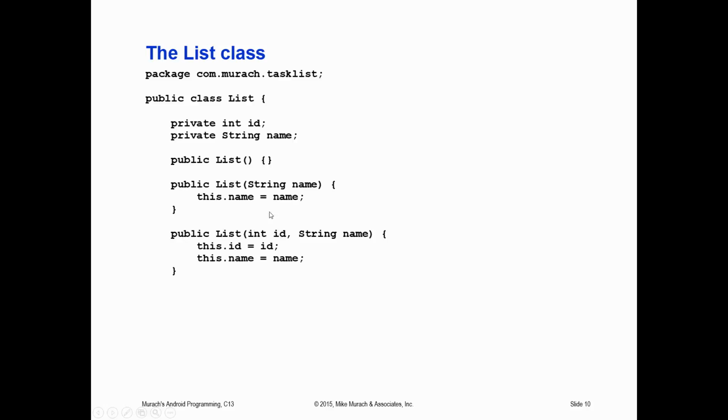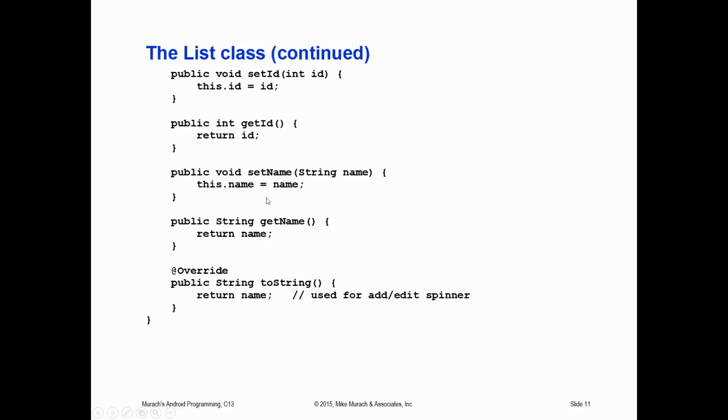Since there's only the two columns, the ID and the name, there they are. Then there are three different constructors: a constructor with nothing passed in, a constructor with a name passed in, and a constructor with an ID and a name passed in. Next, it defines the associated set and get methods for ID and name. And finally, it defines a toString method that provides a way to convert a list object into a string.